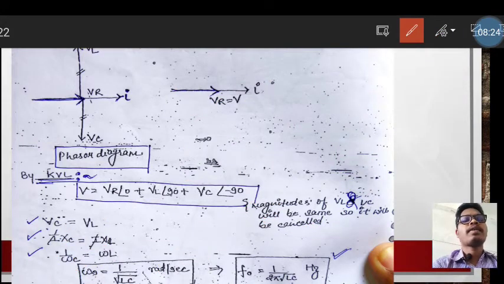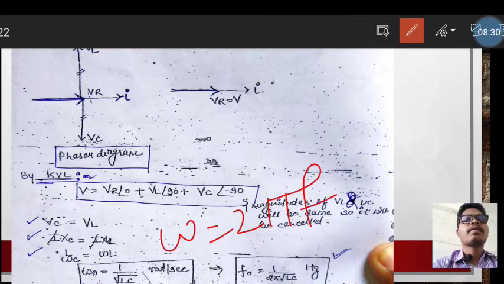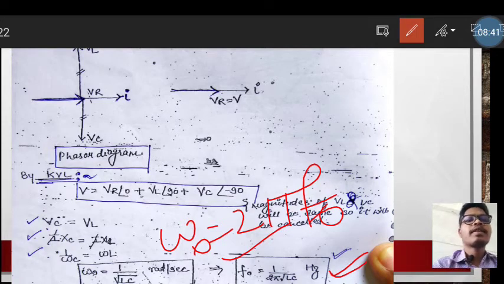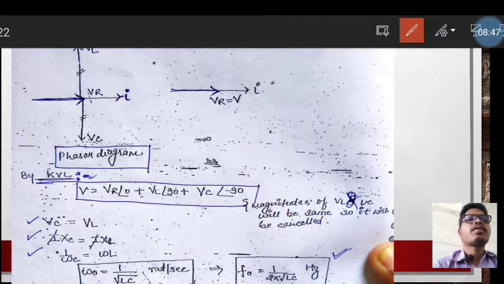Or omega 0, we already know omega is equal to 2 pi F, so omega 0 is equal to 2 pi F0. So F0 is equal to 1 divided by 2 pi root over LC Hertz. So it is the resonance frequency, equal to 1 divided by 2 pi root over inductance and capacitance, and its unit is Hertz.